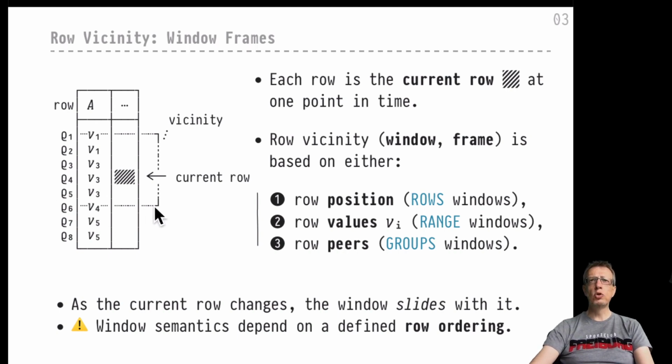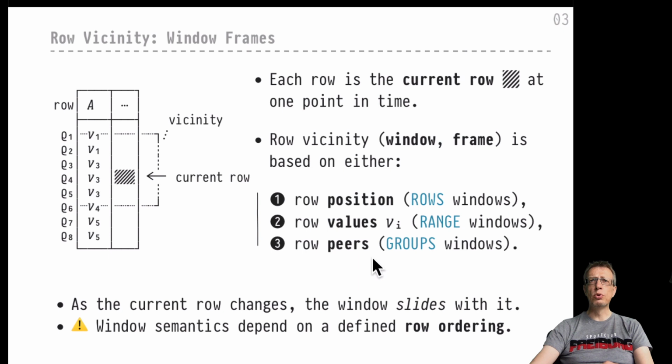but only 2 rows after would be considered in the vicinity of the current row. There would be other ways to measure or to identify the vicinity. There are methods that look at particular values in the table to measure the distance from the current row. So it would not be a position-based vicinity, but a value-based, distance-based vicinity that we are considering here.